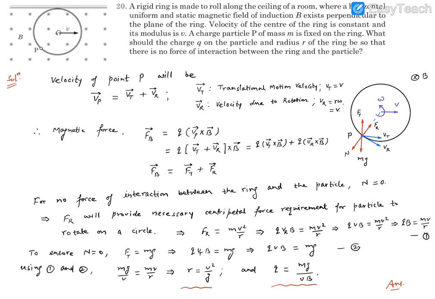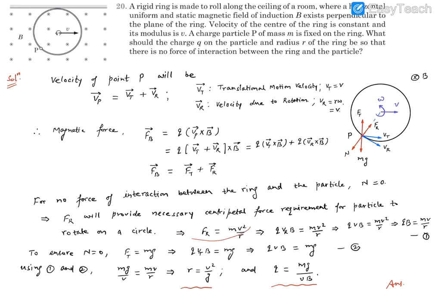So we can say, to ensure that it keeps on rotating on a circle, this Fr force has to provide the necessary centripetal force for circular motion. Since it's toward the center, it must be providing the necessary centripetal force because N has become 0. So this has to do the job.